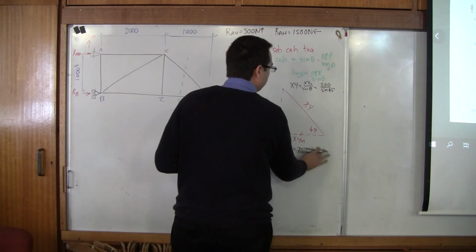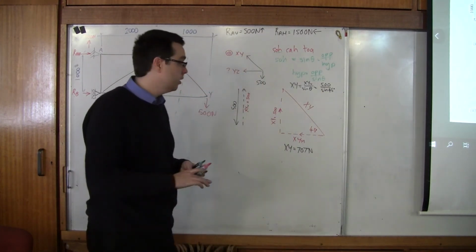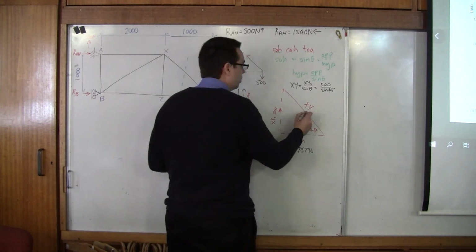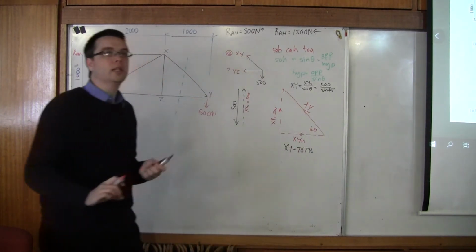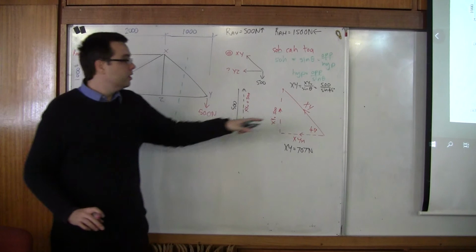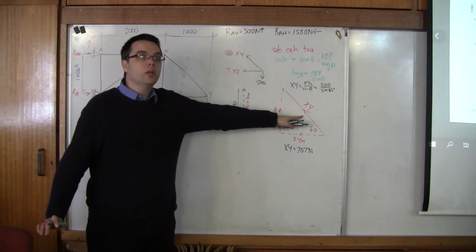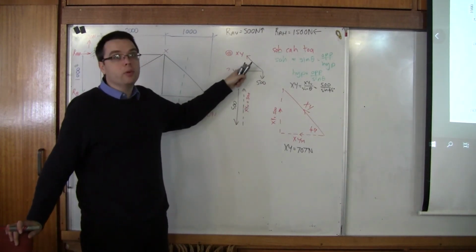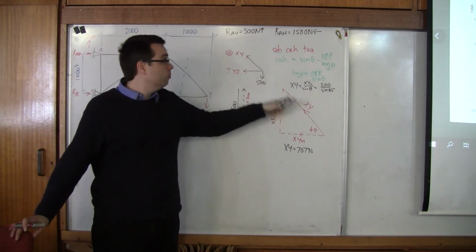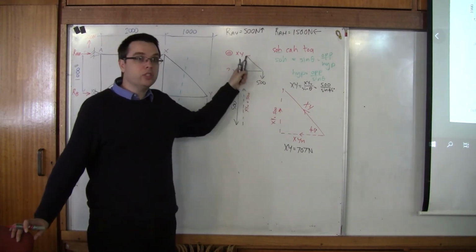Now, this question has told us that it's in tension, but let's just check on that. See how here we have our arrow going up, and here we have our arrow going up. That means the arrow we found matches our assumption.